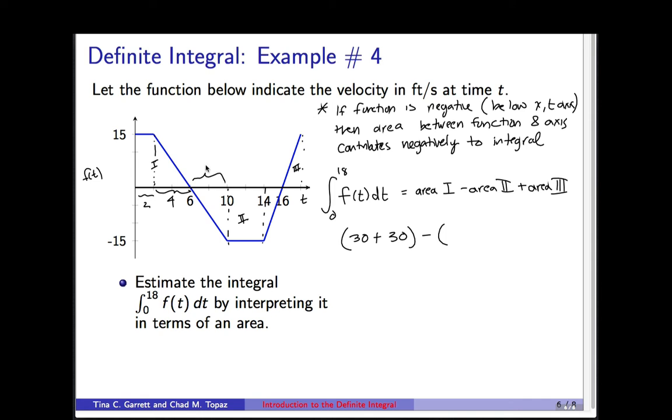Again, this triangle has base 4 and height, in some sense, it's inverted, 15. So I believe that's an area of 30. This rectangle right here, again, base 4, height 15, so that's 60.